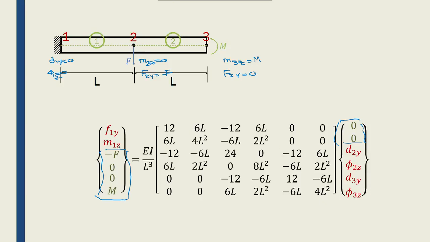The ones that I have written in red are the unknowns of my problem. So I have 6 unknowns and 6 equations that, if I solve, I can find these 6 unknowns.